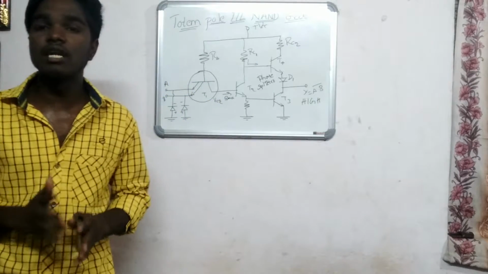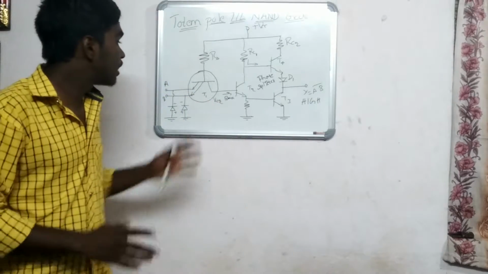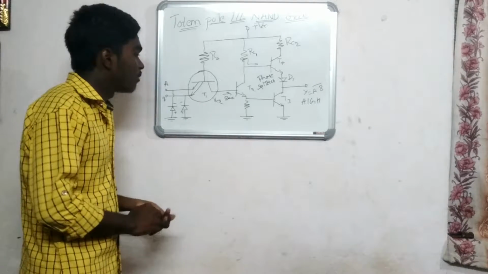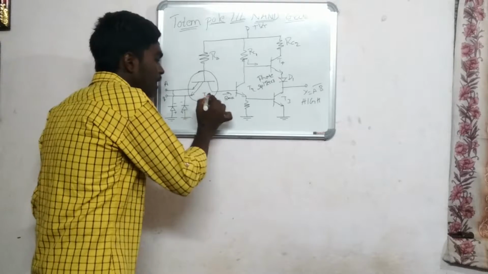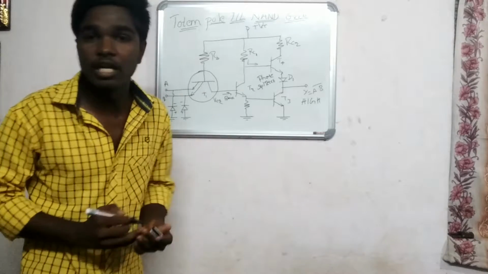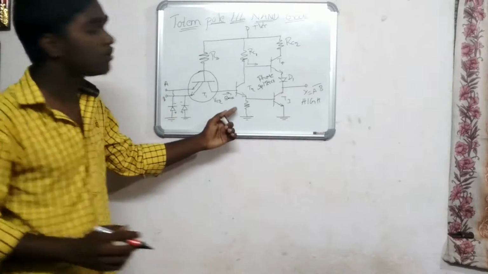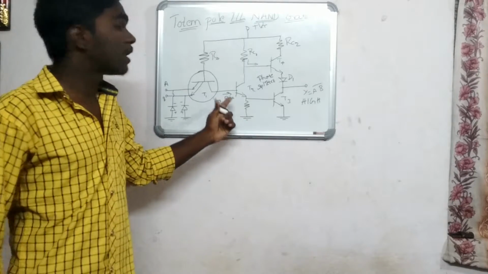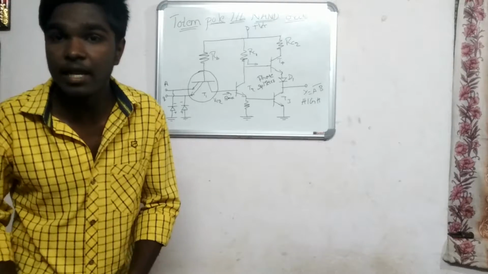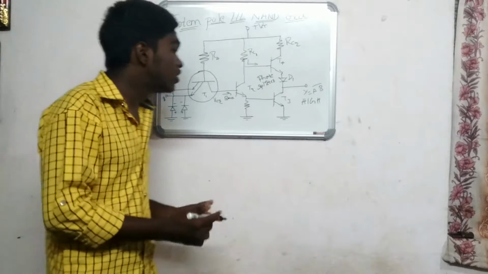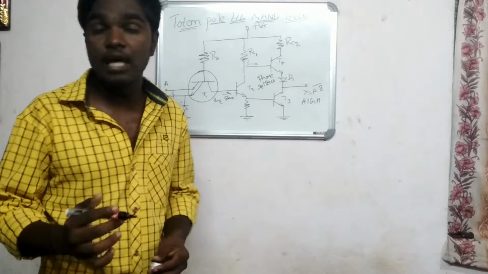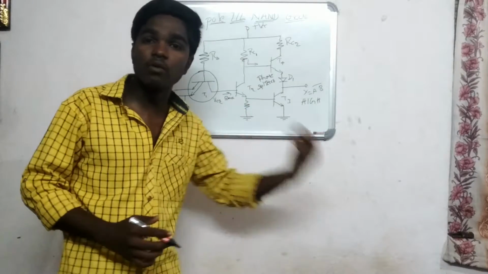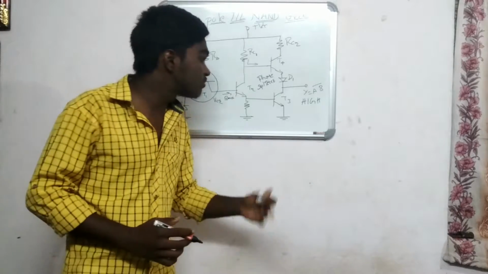When T1 is in off state, it gives out the logic directly from the collector to the base of transistor T2. When T2 gets the high logic, it becomes on. Then T2 conducts that voltage from its emitter to the base of transistor T3.